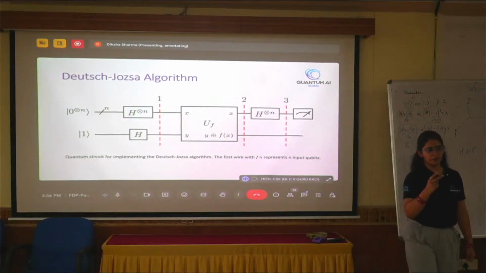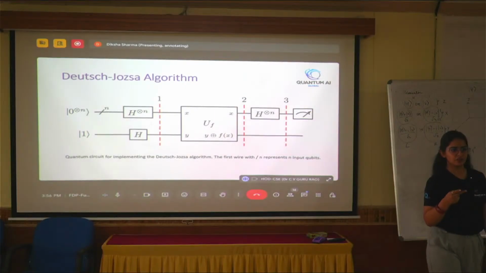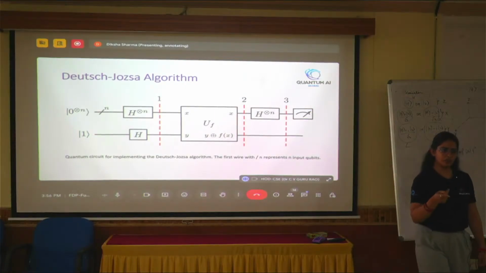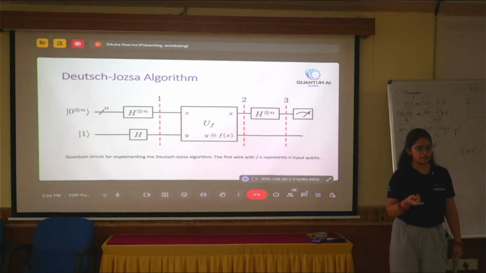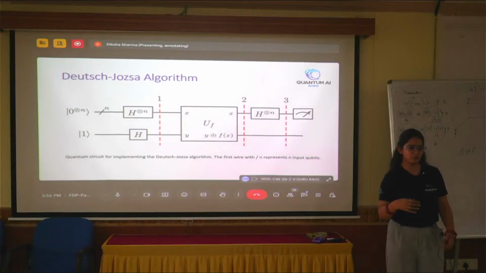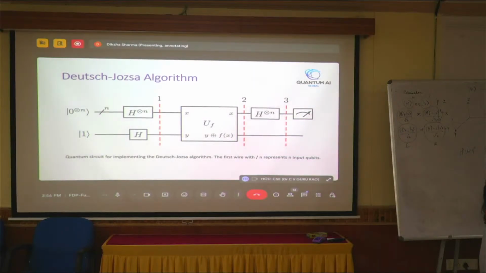Where we require 2 inputs classically, Deutsch claimed that with only one input, one measurement, he can tell you whether the function is constant or balanced. So that means he did something in parallel. That's why this Deutsch algorithm is also known as the parallelism algorithm, because this was the very first concept that made us understand how quantum phenomena come into the picture.